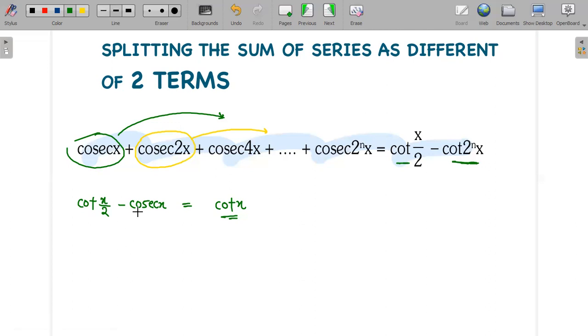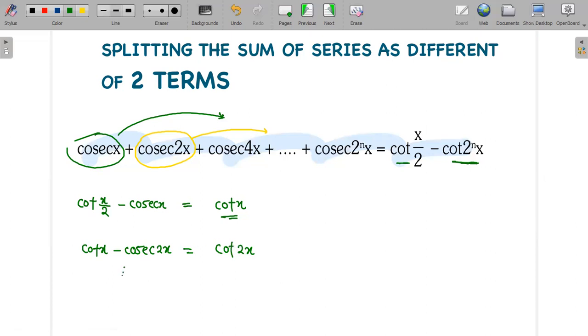So the moment I shift cosec 2x to the right hand side, I have to solve for the value of cot x minus cosec 2x. If I convert this into sine and cosine, I'll end up getting cot 2x as a result. Again, each time I shift a term of cosecant to the other side, the argument of cotangent gets doubled.